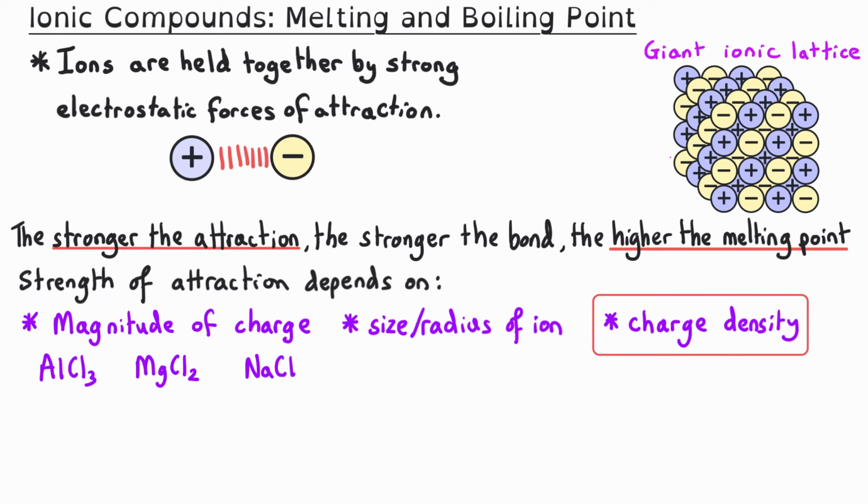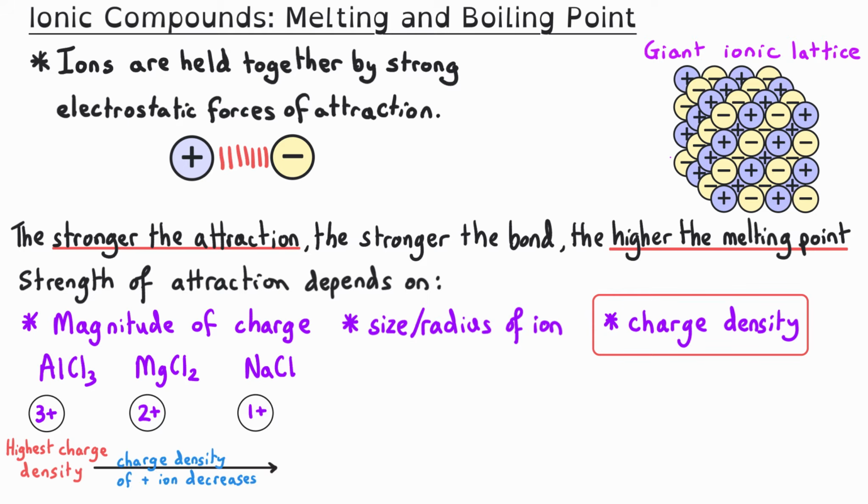For example, if we consider sodium chloride, magnesium chloride, and aluminium chloride, we would expect that since aluminium is a 3+ ion, magnesium is a 2+ ion, and sodium a 1+ ion, the aluminium 3+ would have the highest charge density because it is packing a lot of charge into a small ion. And so the attraction between aluminium 3+ and chloride is greater than for the chloride and magnesium 2+.